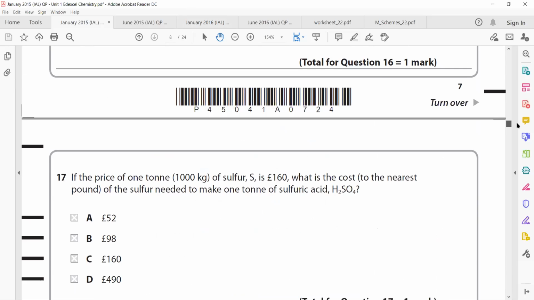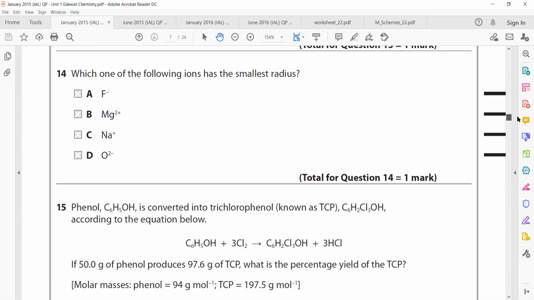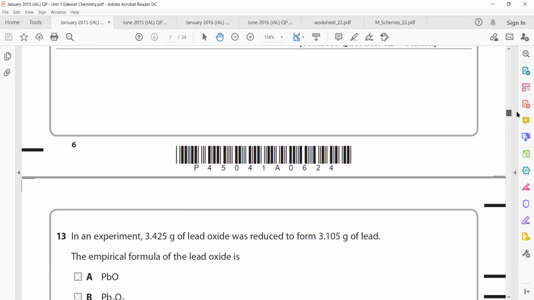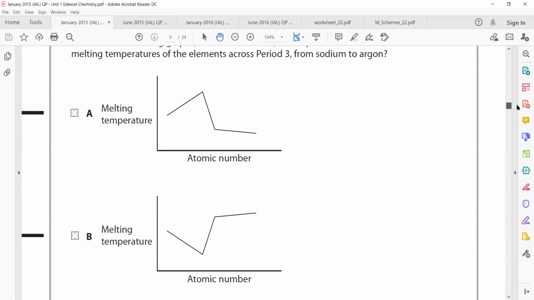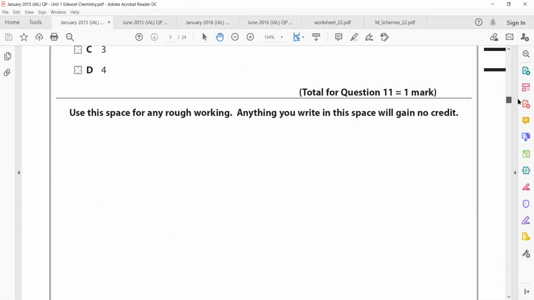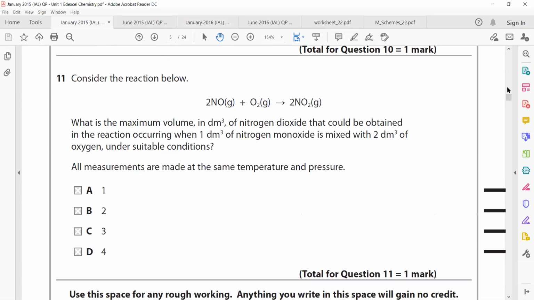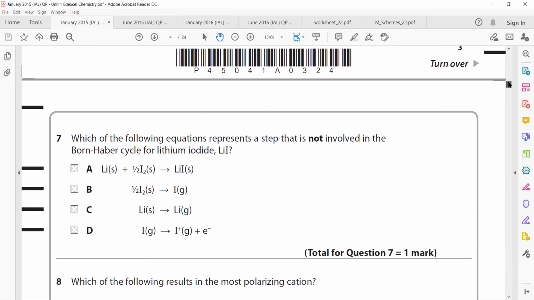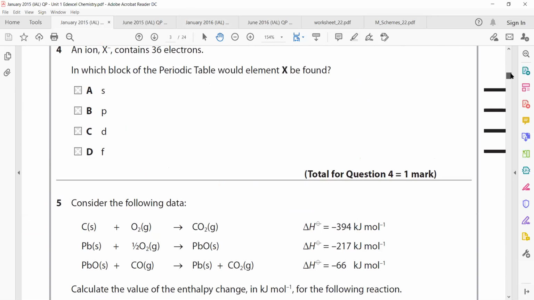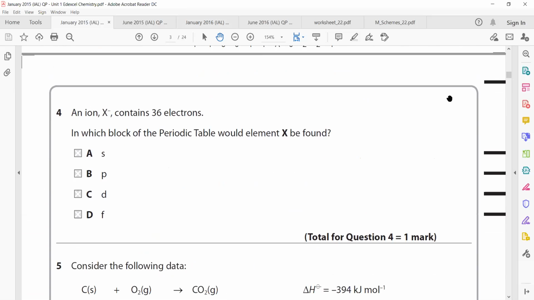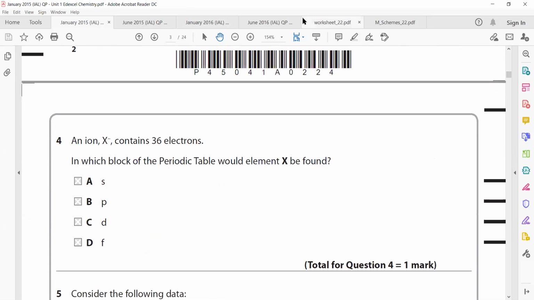I can write the electronic configuration, but because it will take time, I can use a short method, using the atomic number to work out the position of that element. Because it belongs to p block, B is the right answer.